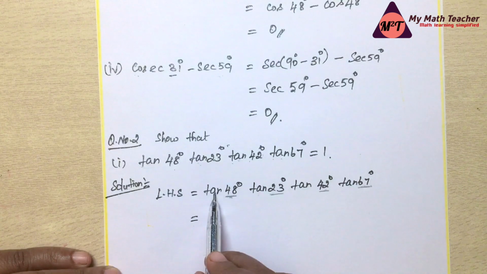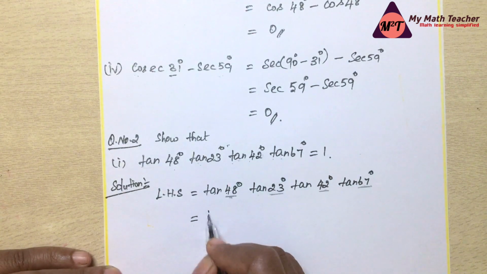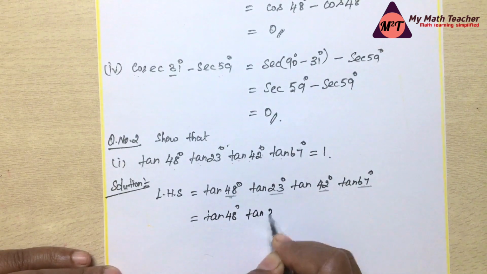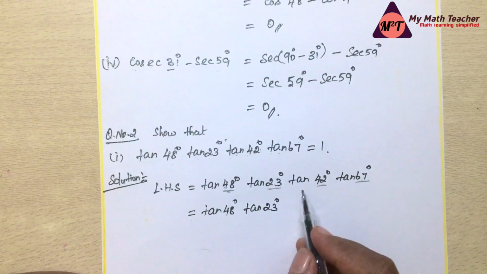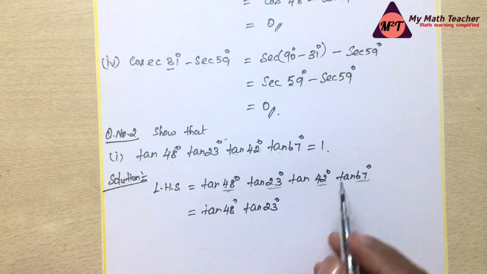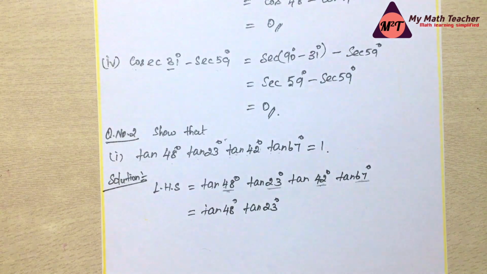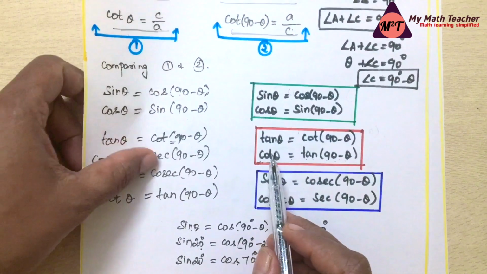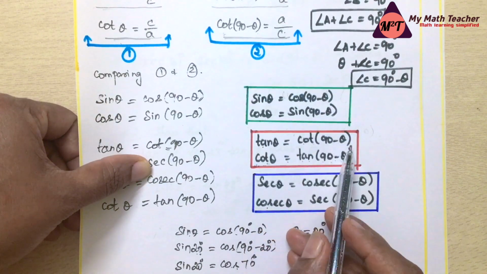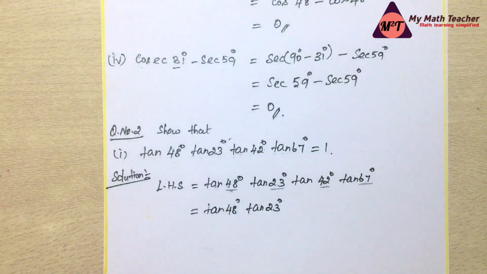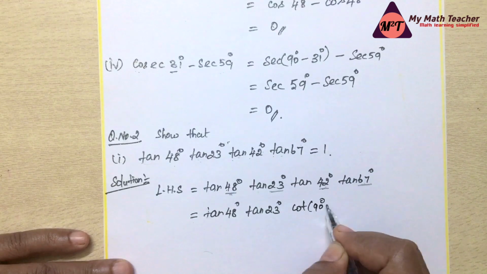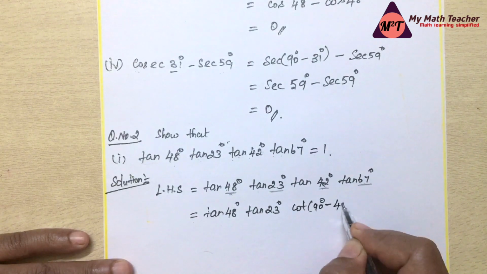What I am going to do is, the first two, tan 48 degrees and tan 23 degrees, let us retain as it is. Here, tan 42 and tan 67, we can apply the complementary angles. That is, tan of an angle can be written in terms of cot (90 minus theta). Now here tan 42 can be written as cot (90 degrees minus 42 degrees).